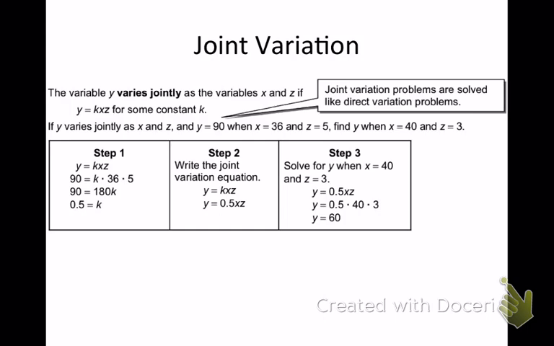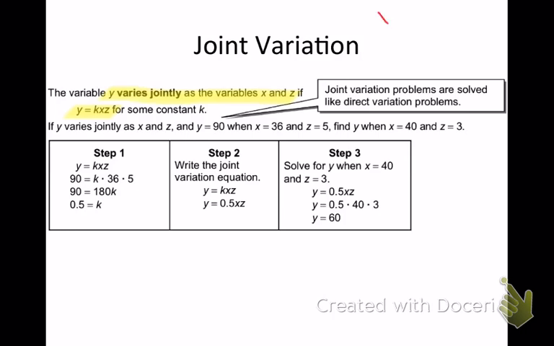We also have joint variation. When you think of the word joint or joining, what do you think of? Putting together. Something's joined, right? So joint variation here, y varies jointly as the variables x and z. So now that's saying y equals kxz. So x and z are joined together. Okay, so I have two variables there. And it's really the same thing.